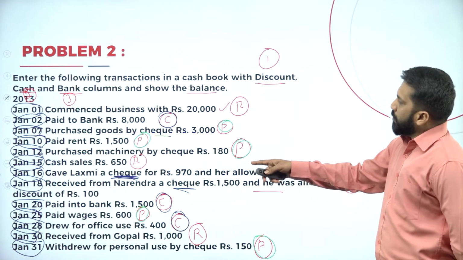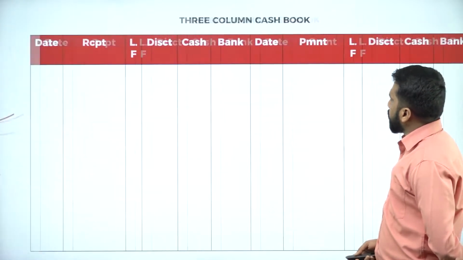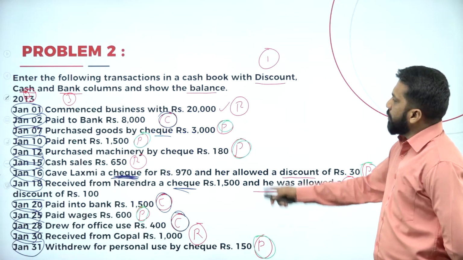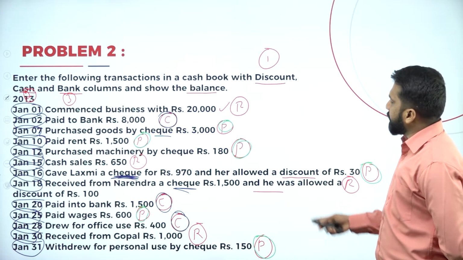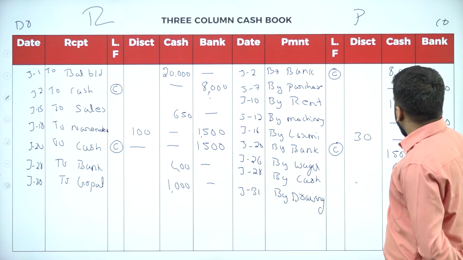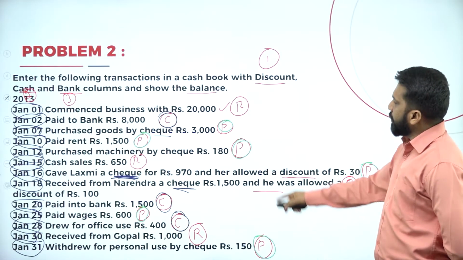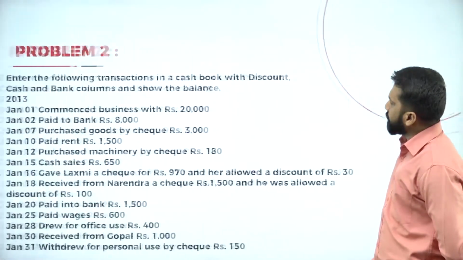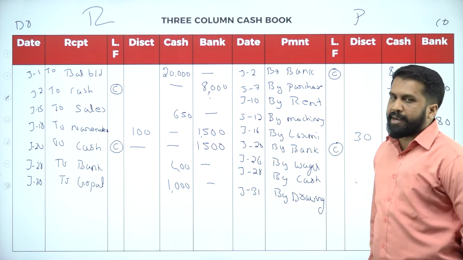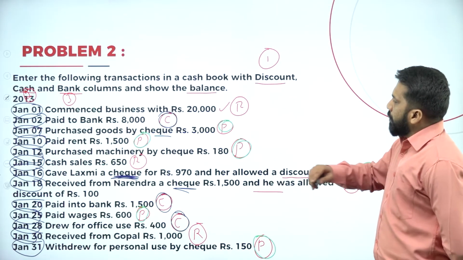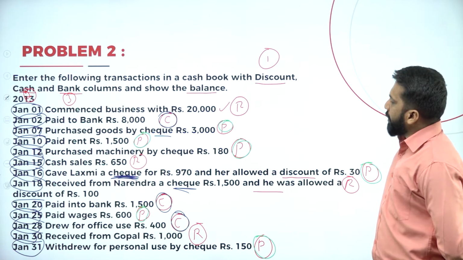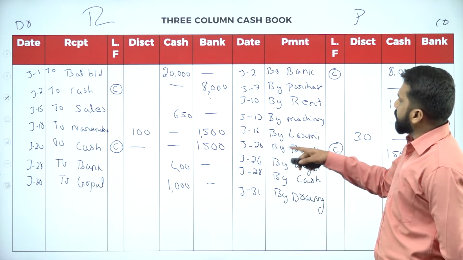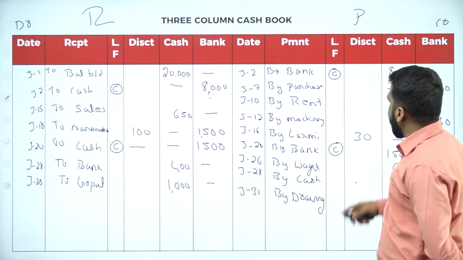Next, cash sales 650, yes, we have taken in the receipt side. Next, gave Lakshmi a cheque 970 and discount 30. 970 with discount, yes. Received from Narendra 1,500 and 100. So 1,500 and 100, yes. Paid into bank 1,500, we call it as contra. So 1,500, yes, both the sides we have taken.